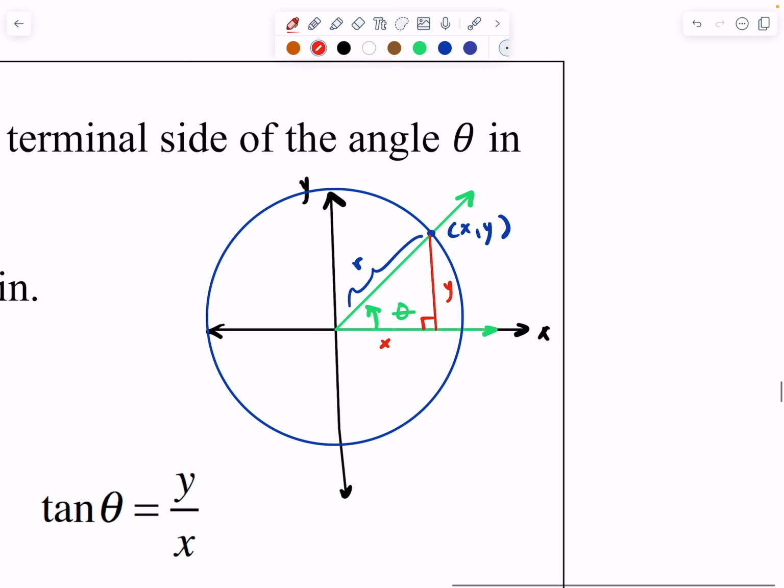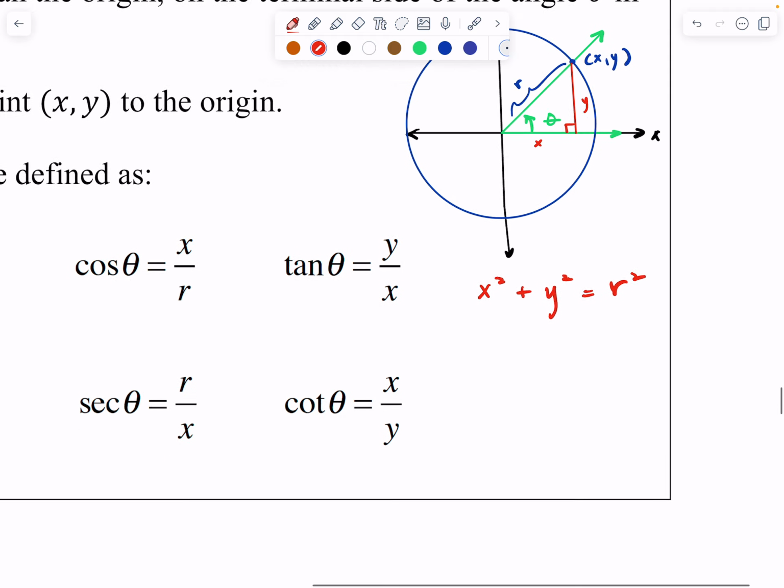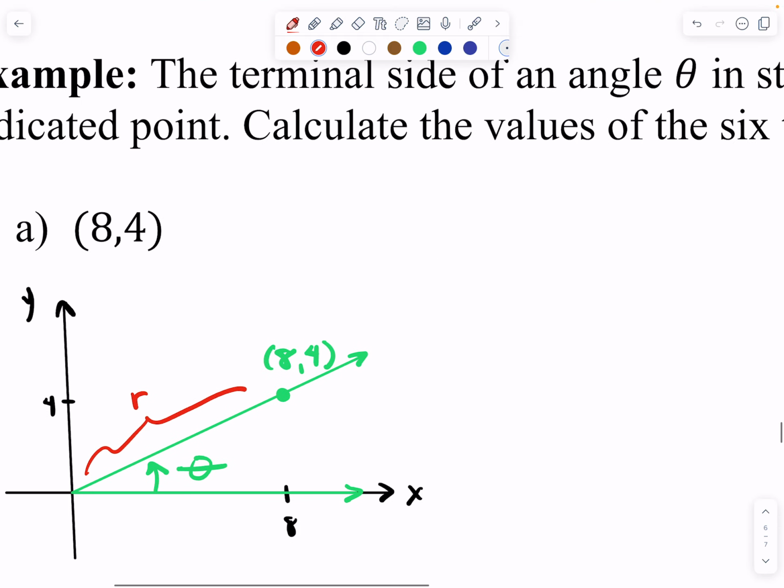So the relationship between x, y, and r can be described by the Pythagorean theorem. So that x squared plus y squared is equal to r squared. And we can use that relationship in order to help us solve for if x, y, or r are unknown.